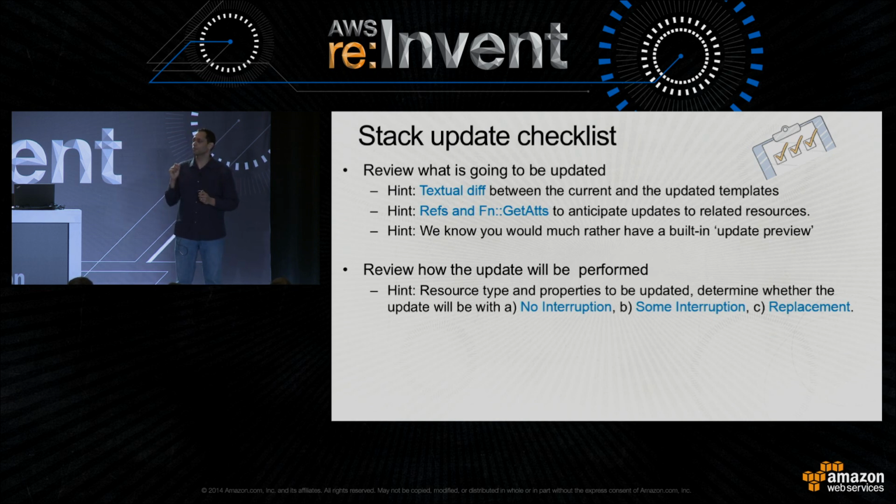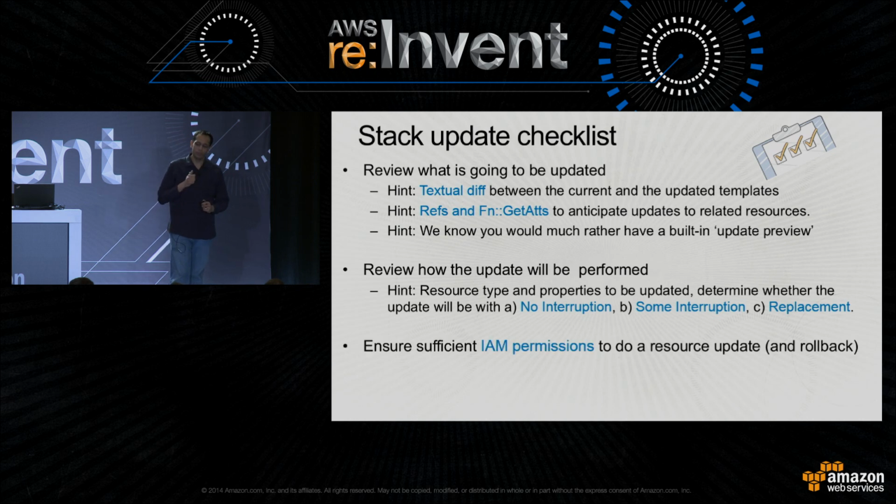The next two checks on this checklist are very important from the perspective of avoiding the update rollback failed state. Number one is to make sure that you give the user enough IAM permissions, not only to update the stack, but also to do the inverse of that update.